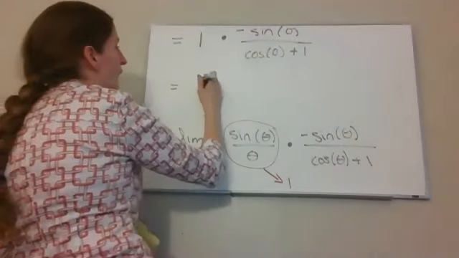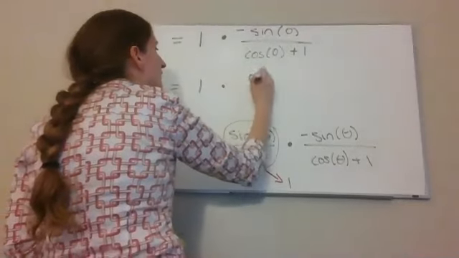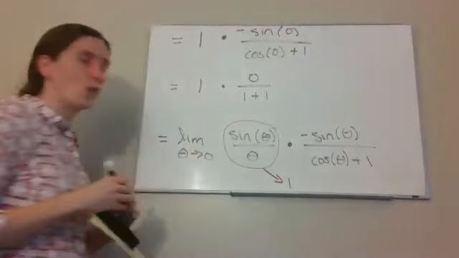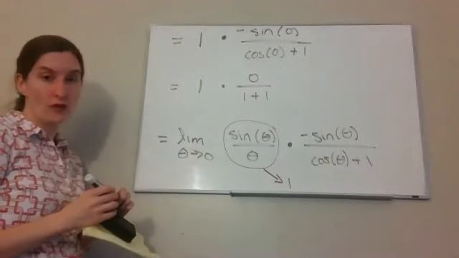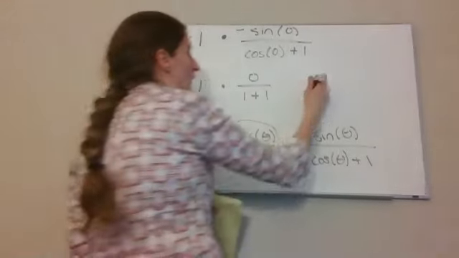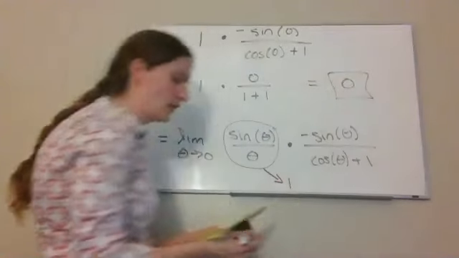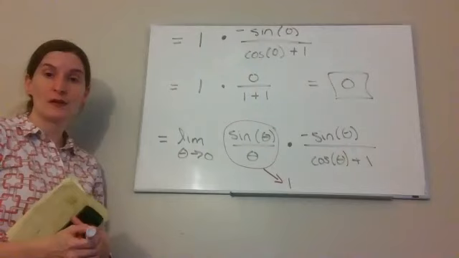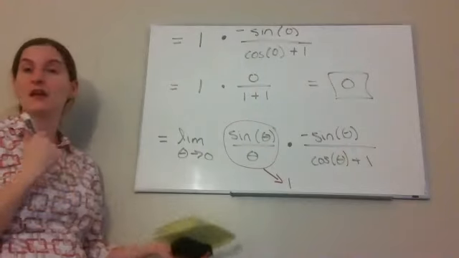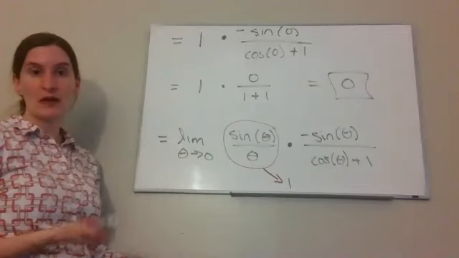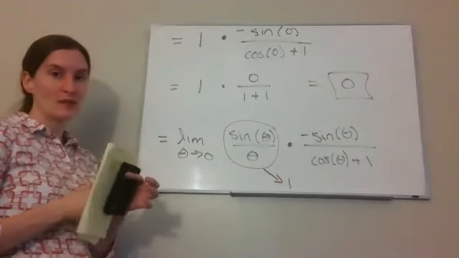Well, sine of 0 is 0. Cosine of 0 is 1. So I get 1 times 0 over 2, which is just equal to 0. So that was a lot of work just to get an answer of 0, but it shows you how using this fact, as well as using trig identities and algebra tricks, can help you evaluate some limits.